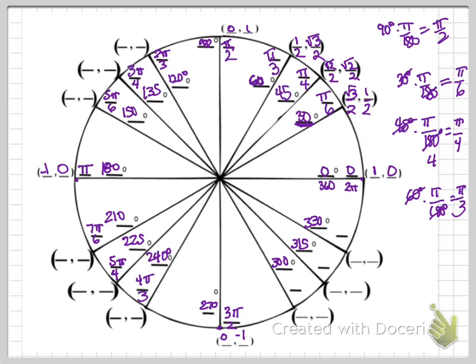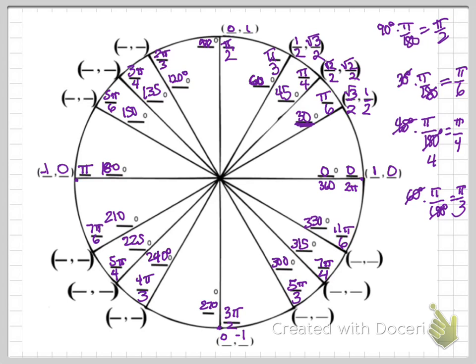On the right side, quadrant 4, this is 5 pi over 3, 7 pi over 4, and 11 pi over 6. Again, we'll just convert into radians. I see degrees faster than I can see the radians.